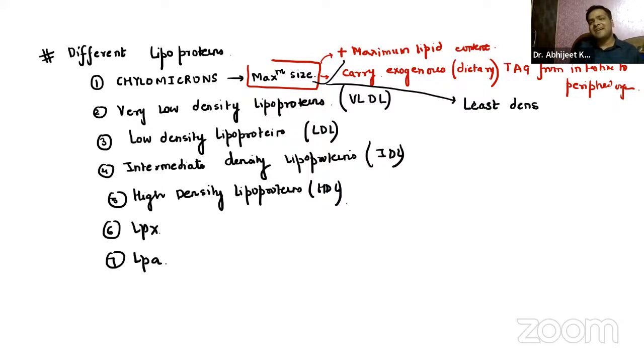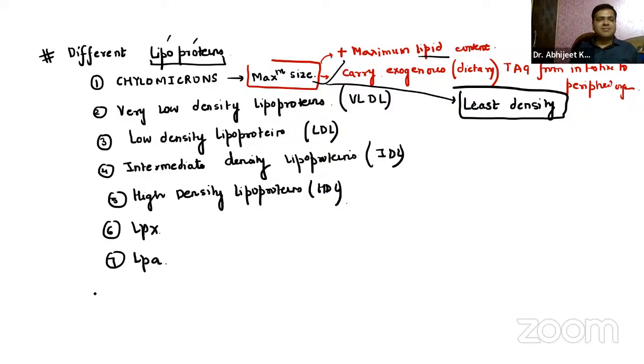Now again, this seems contradictory. Why do they have the least density if they have the maximum lipid content? Use your brains, guys. A lipoprotein is made up of lipid plus protein, so if it has more lipid, the amount of protein will be less.